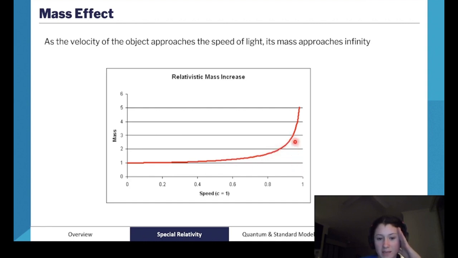And at c equals 1, this line here, our line actually never gets there. So it's approaching c equals 1 asymptotically, right? It's getting closer and closer and closer, but it's never actually reaching it. So what you can see from this is, as speed increases, more of the force going towards accelerating the mass is actually going into increasing the mass.